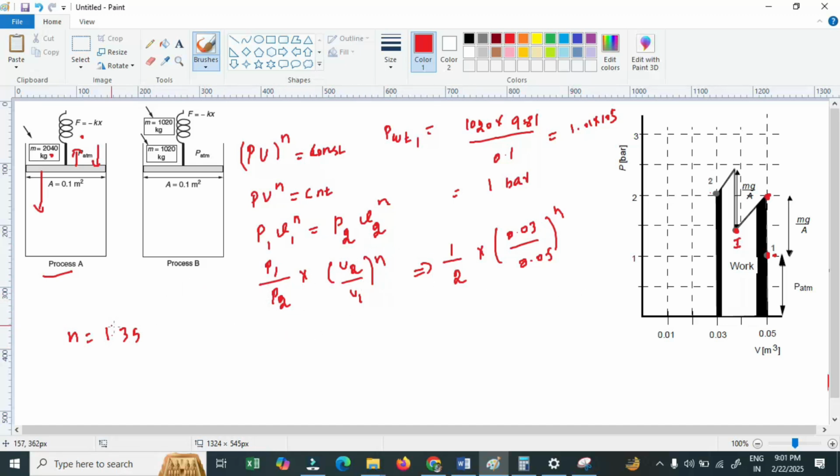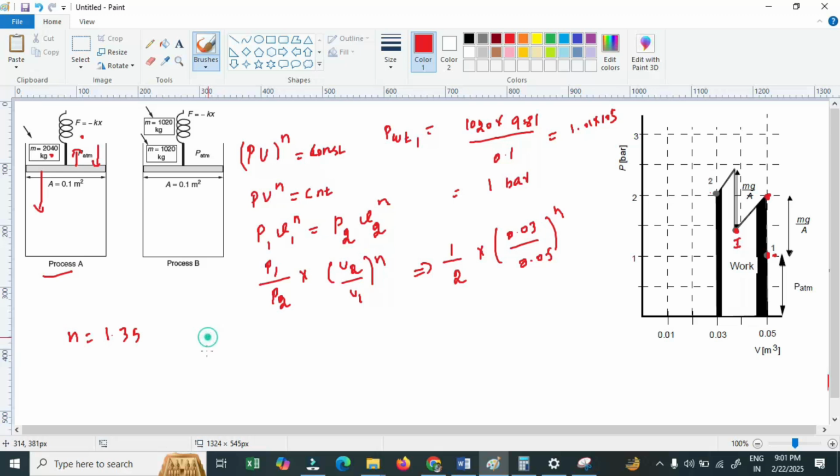Now I can use this n value as a constant to determine my intermediate state. Before that, I must know the pressure as well.